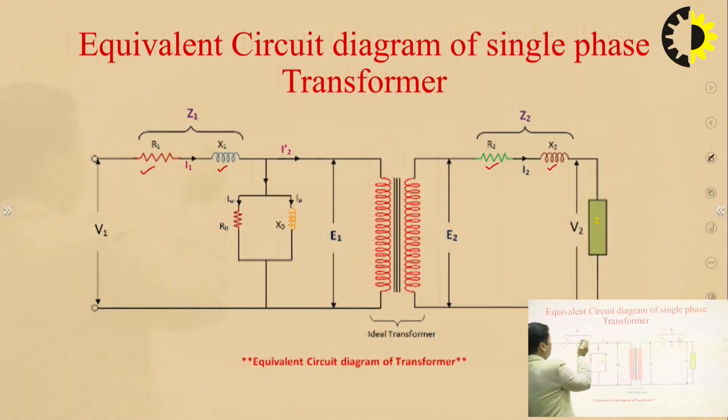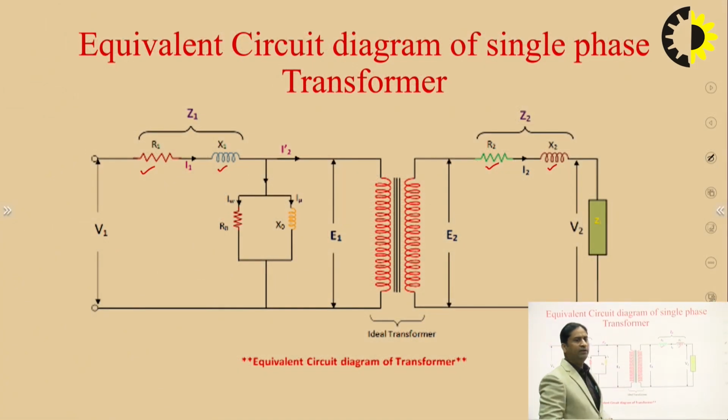If you combine them, the impedance of the primary winding will be Z1 and the impedance of the secondary winding will be Z2. The applied voltage is V1. We have applied a simple single phase supply, the voltage V1, and the voltages induced in the primary and the secondary winding will be E1 and E2 respectively.